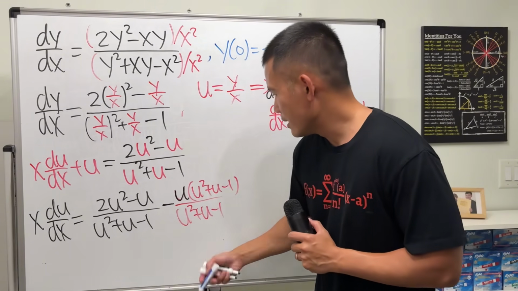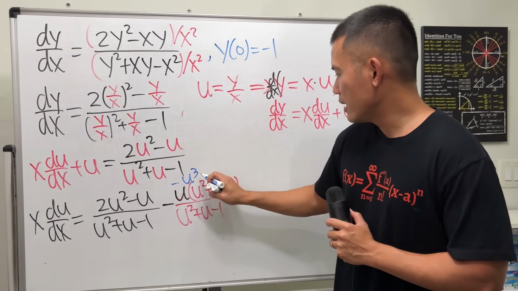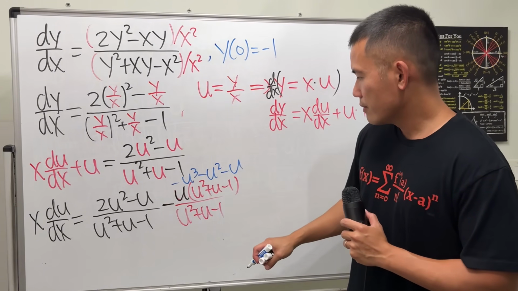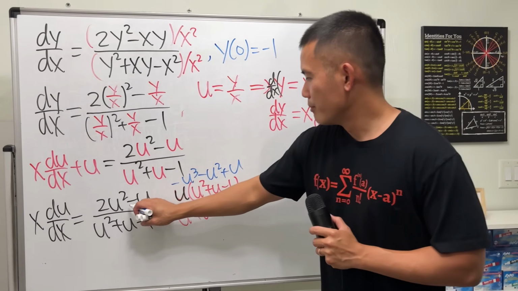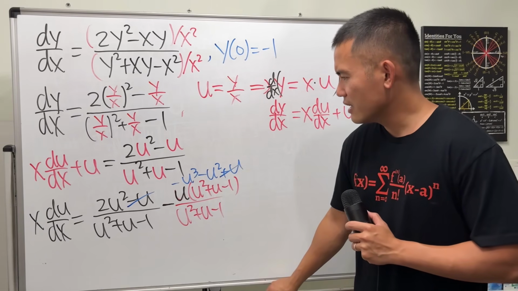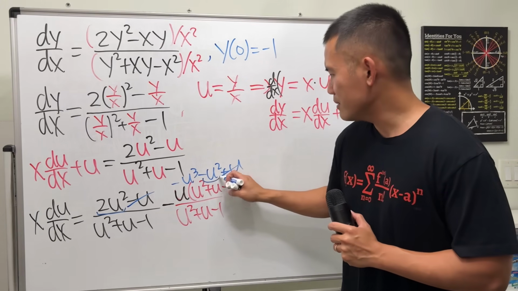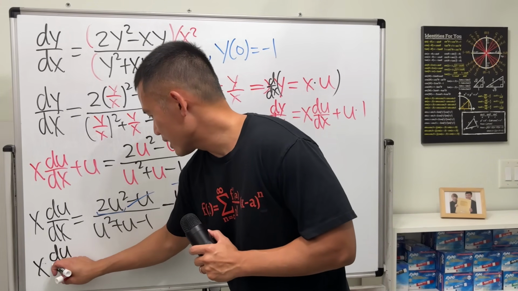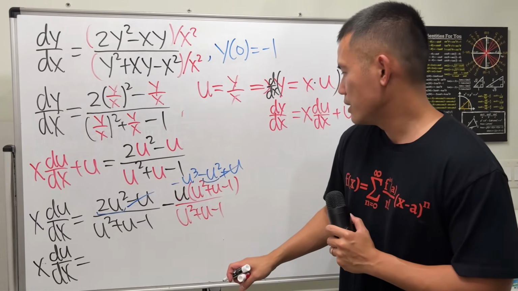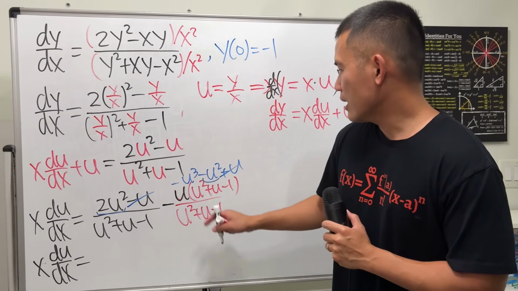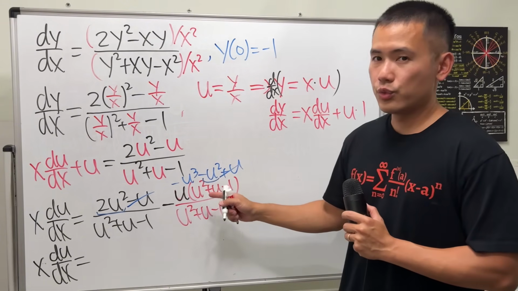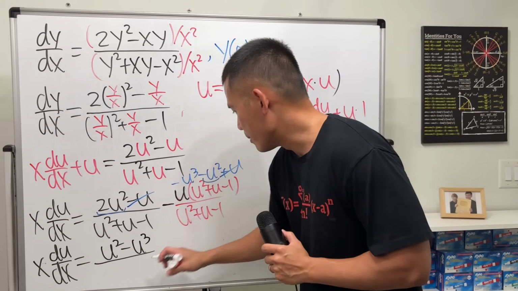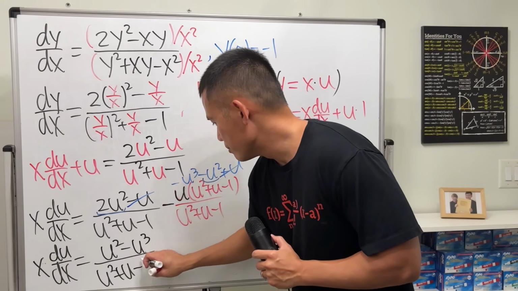So that it's actually negative u cubed, minus u squared, minus u plus u, and then minus u plus u is just 0. Pretty nice. And then combine this and that. So now we get x du dx equal to, on the top, 2u squared minus u squared as u squared, and then minus u cubed, over the denominator, u squared plus u minus 1.